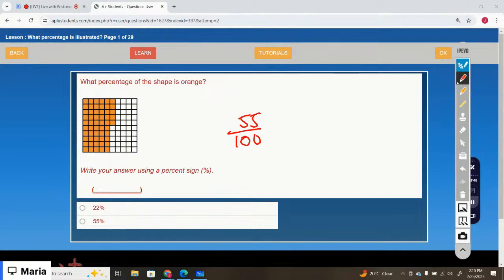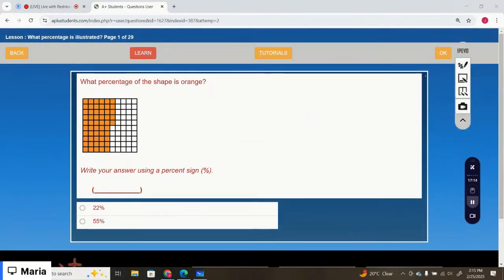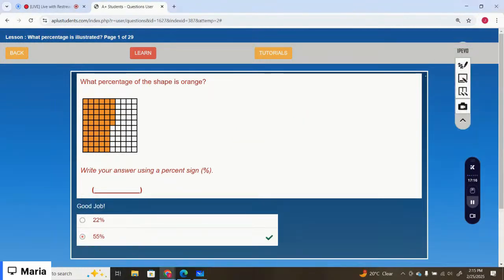That is 55 out of 100 and we can write it as 55%. Got it? The correct option is 55%. Option number 2 is the correct option.